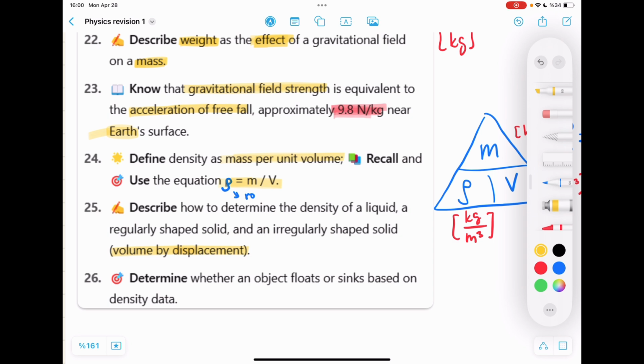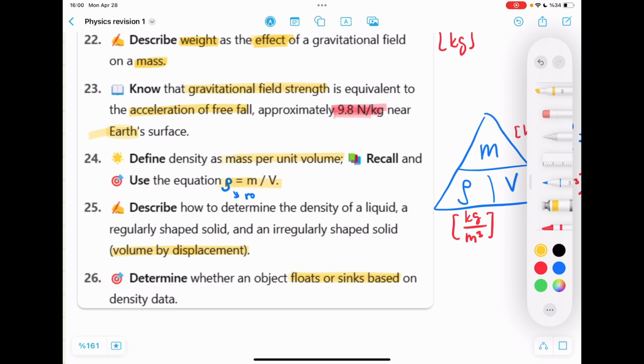Determine whether an object floats or sinks based on density data. This is very nice because whether something will float or sink is also related to the shape it is in, but we don't talk about that. We just talk about two identical shapes and their different densities.